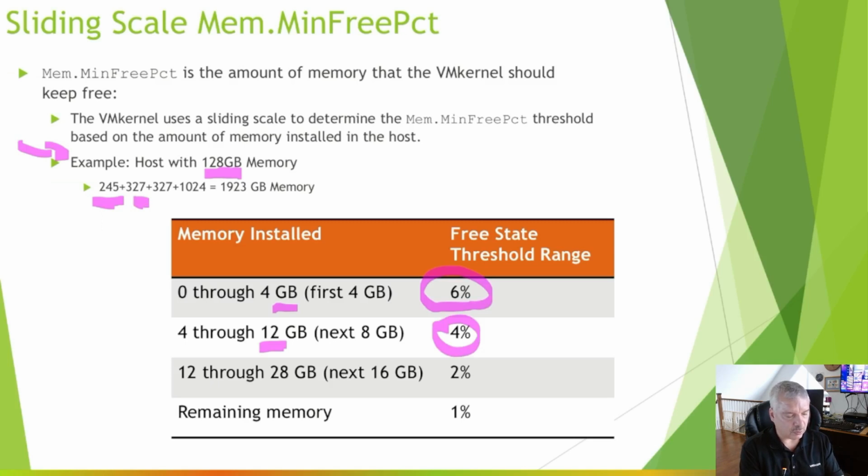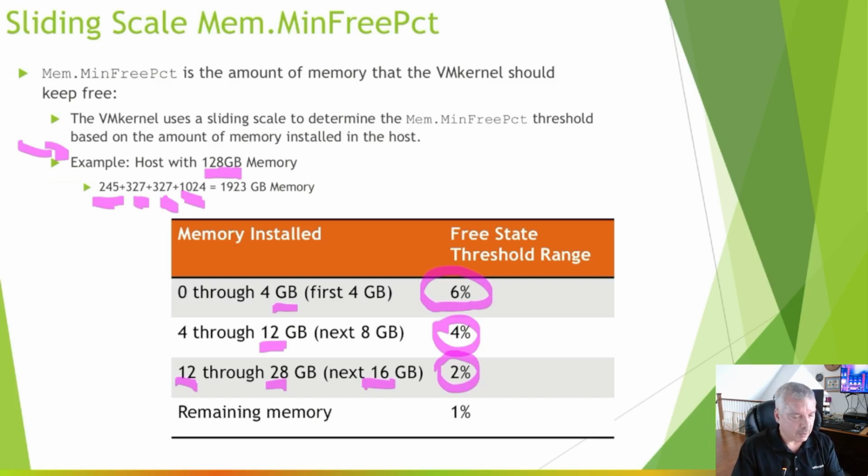And then the next 12 gig to the 28, so that's the next 16 gig, takes 2%, and that works out to about 327 meg. And the remaining is at 1%. So I got 128 gigs of memory, and that's up to 28 here. So that'd be 128 minus 28, 100 gigs. So that'd be roughly about 1024 megs of memory.